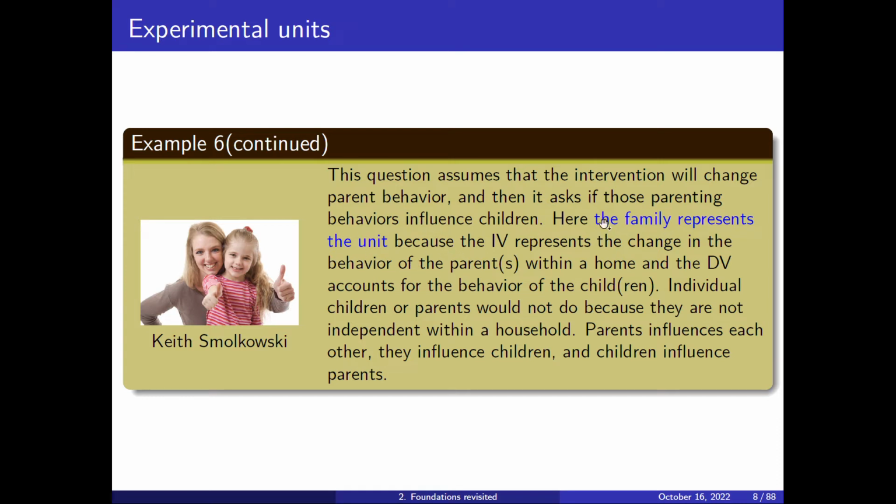So the family represents the experimental unit. Why? Because the parents are the same for all children within the same household. So you apply the treatment to the experimental unit, that is the parents, and then those parents have multiple measurements that are kind of technical replicates that are each one of the children.